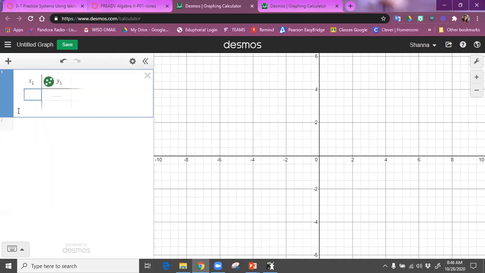I select table. I'm going to input the additional column by typing Y2. I started with Desmos, started a new blank graph, and created a table.